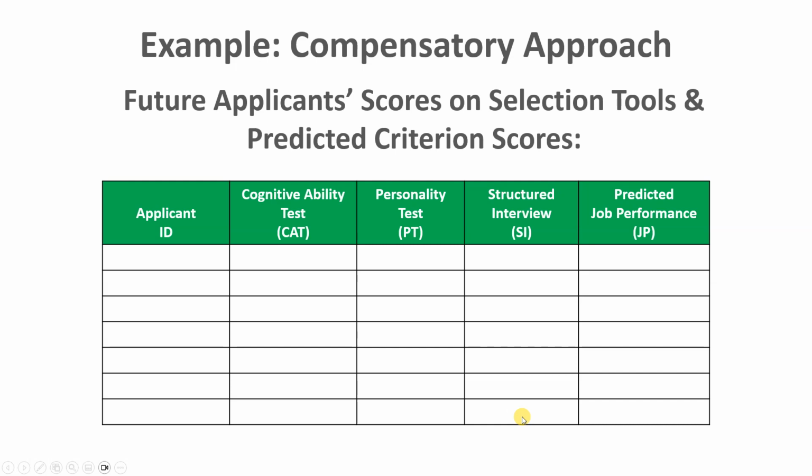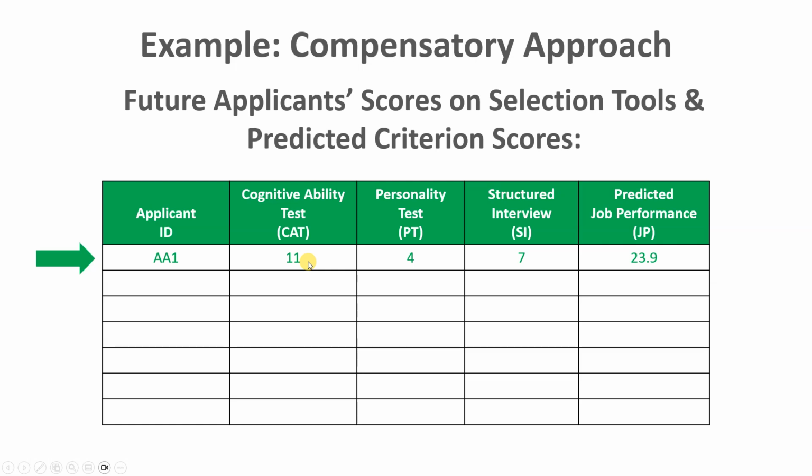Now, if we take a step back and consider, there's often going to be multiple applicants going through our selection system, and therefore we're going to have multiple applicant scores on these selection tools, and thus we'll have multiple predicted criterion scores from the multiple linear regression model. So here we can see that first applicant we just looked at. Let's call this applicant and say that it has a unique ID of AA1.